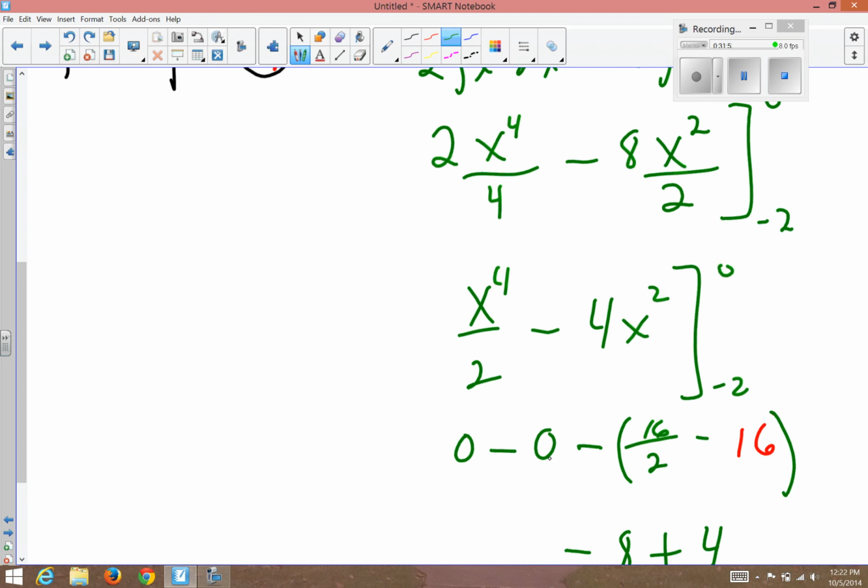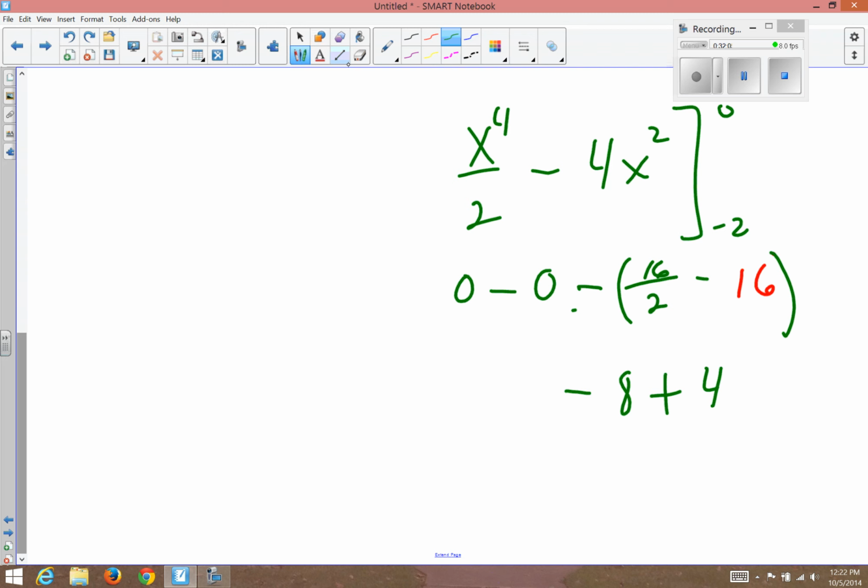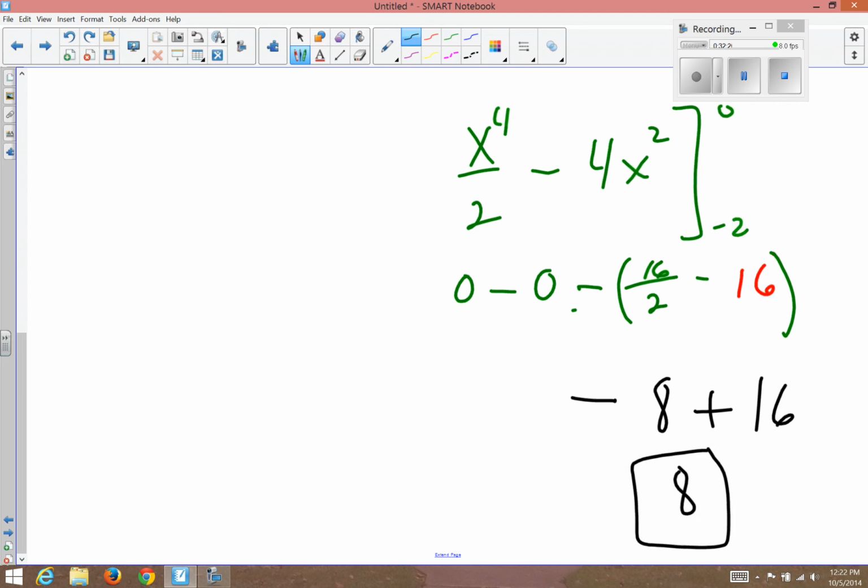Because all this was when I replaced x with 0, and all this should be when x is -2. -2 squared is 4, 4 times 4 is 16. So zero minus 0 is 0. This minus distributes, so that's -8, minus a minus, that's plus 16. So 8 is the area of the entire region. That is the correct answer.